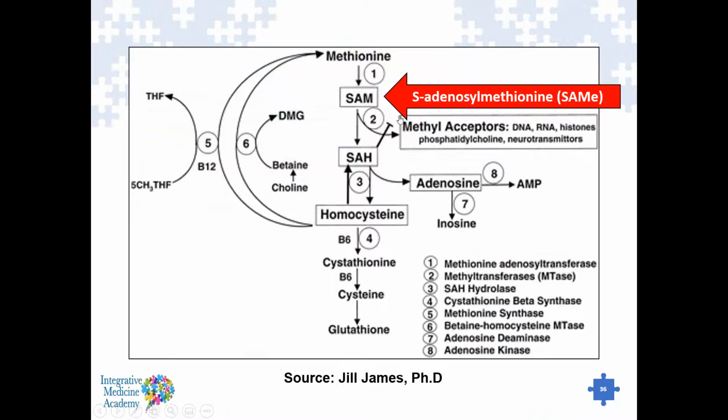S-adenosylmethionine is important because it has a relationship to many things biochemical, things at the nuclear level within our cells, and relationships to phosphatidylcholine, which has relationships to liver function with regards to bile formation, as well as the function of our cell membrane.